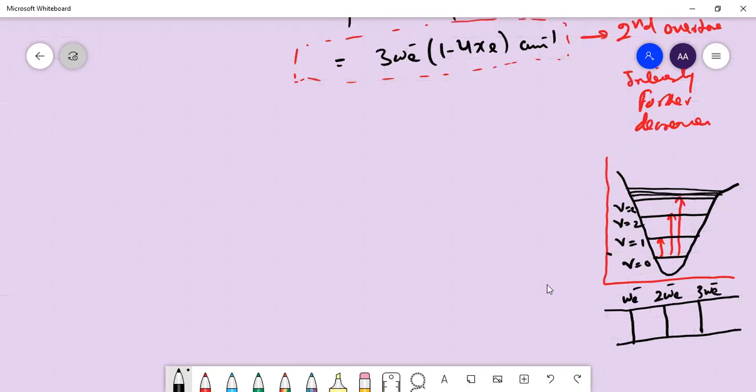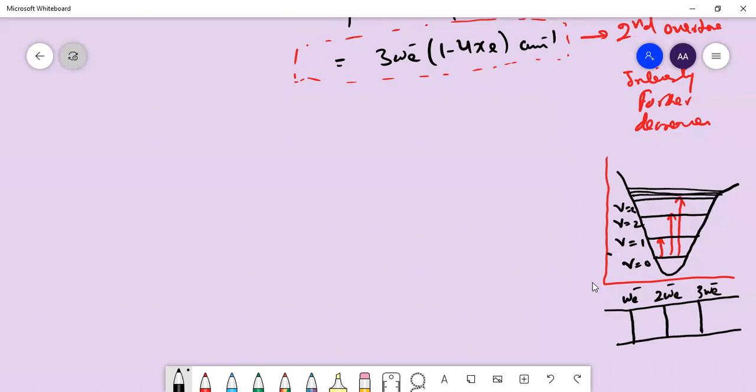So these three important concepts we have seen here: what we mean by fundamental absorption, that is the absorption which will appear near this ωe bar. The first overtone appears somewhat near 2 ωe bar, and the second overtone will appear somewhat near 3 ωe bar. The fundamental absorption means when the transition is taking place from ground state to first state.